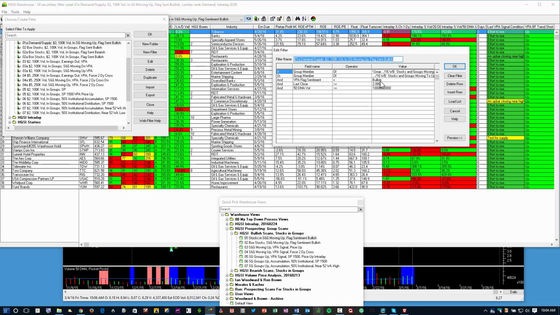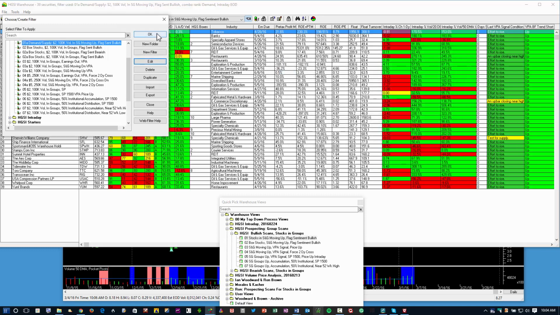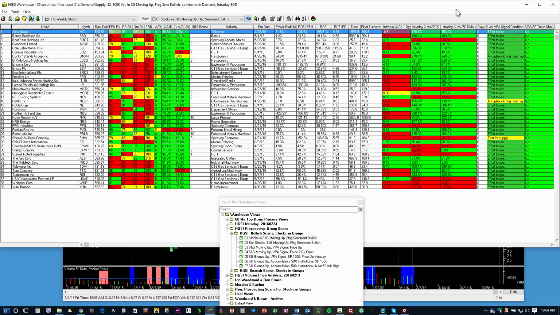I'm looking for bullish flag sentiment. Last close $2, trading 100,000 shares. And this is where you're going to find a lot of stocks that are beginning to move up. And I'm using that new feature that Matt put in to go to specific groups. And those smart groups are updated every day. So this is going to be very helpful.